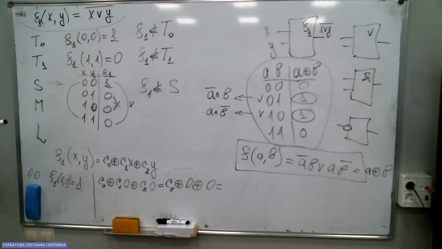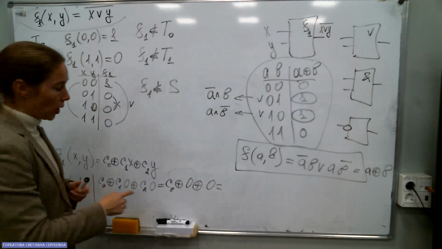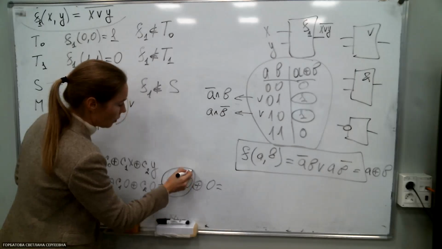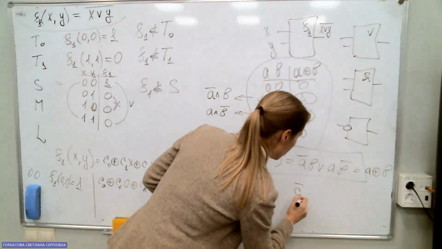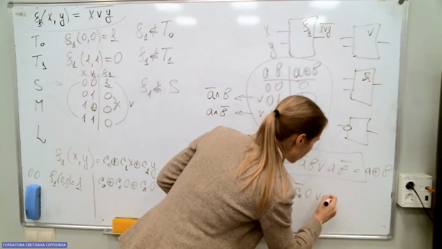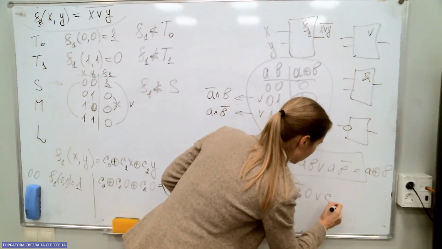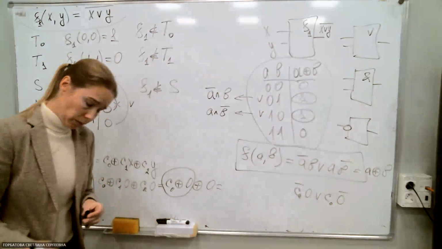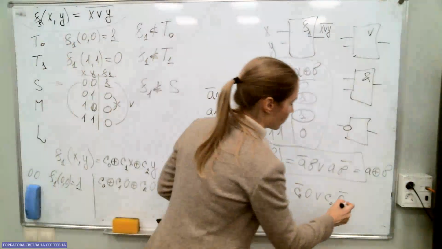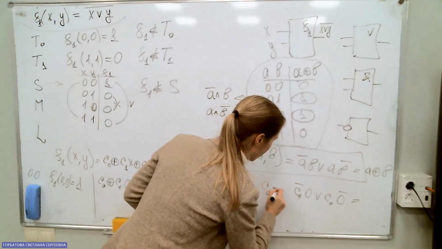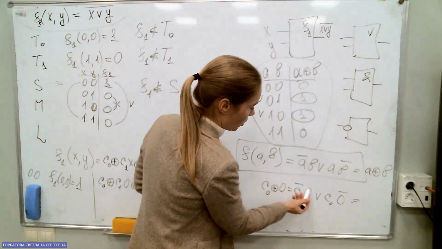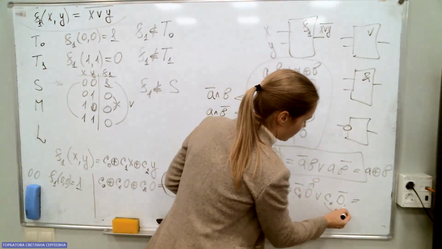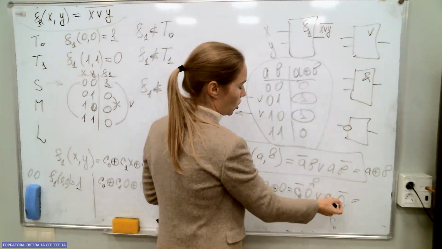It is very easy for everyone, I hope. Okay, so you can find C plus modulo 2 0: not C0 conjunction 0, disjunction C0 conjunction not 0. Here 0 conjunction something is 0, and C0 conjunction 1 is C0.